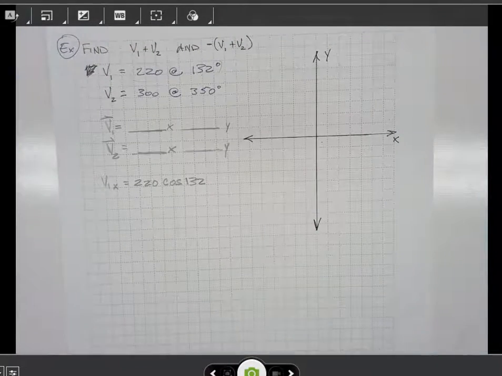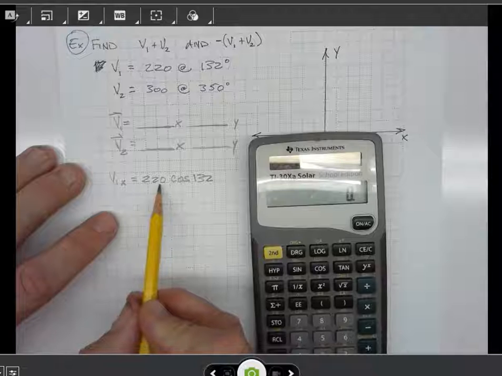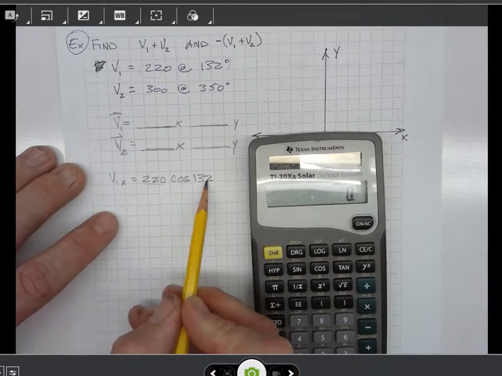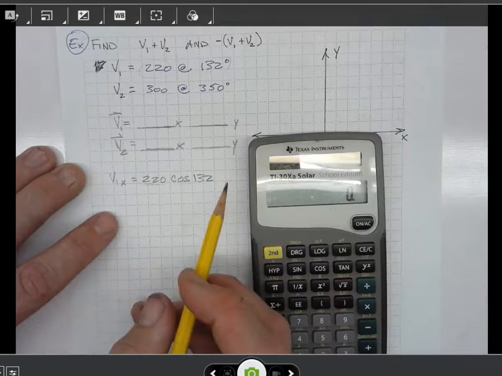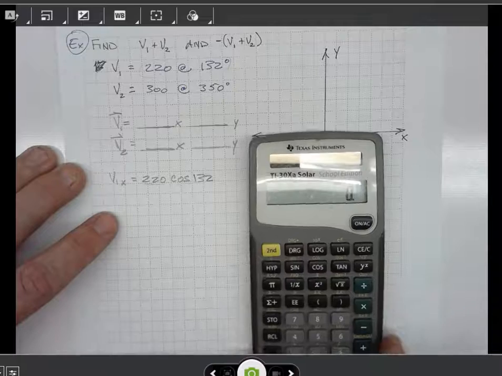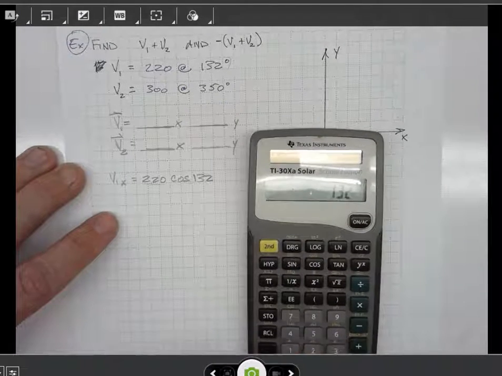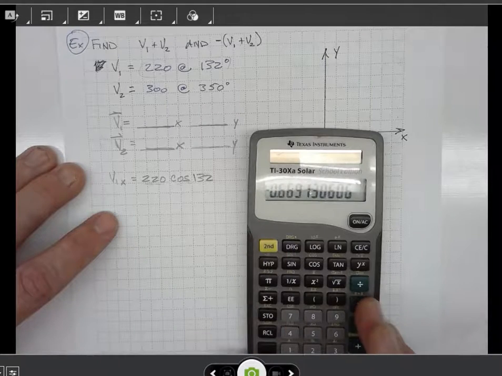Now, I would suggest, since it doesn't matter if we take 220 times the cosine of that or the cosine of that times 220, right? 5 times 3 is the same as 3 times 5. Let's do this part first, actually. Let's type in 132 on this calculator and hit cosine. There's the cosine.